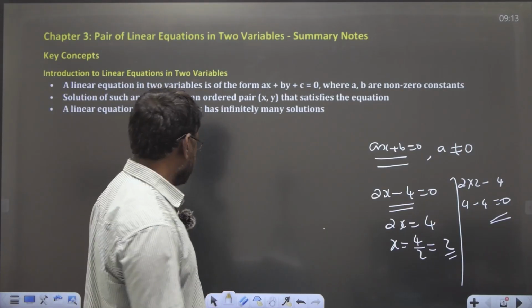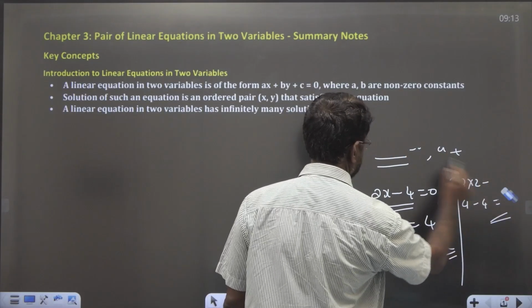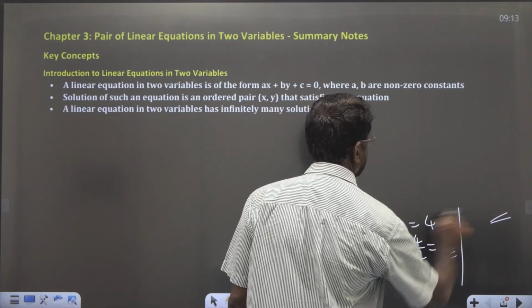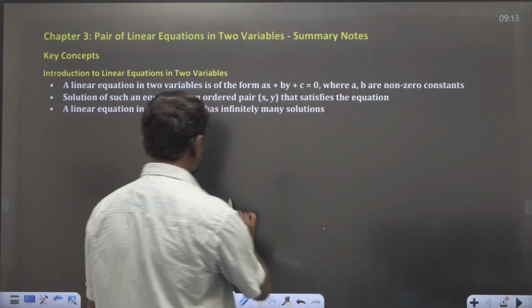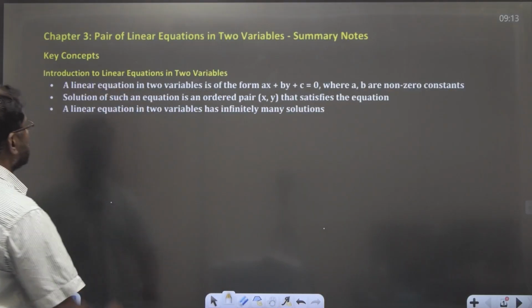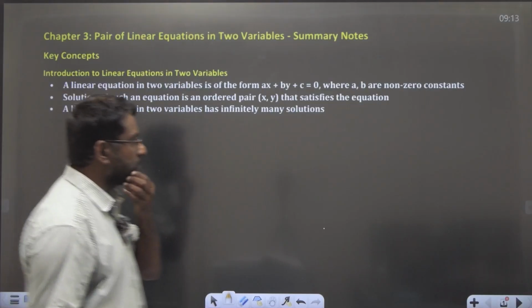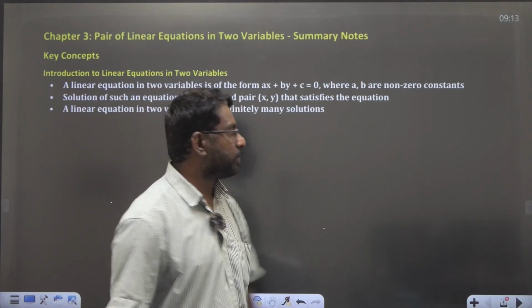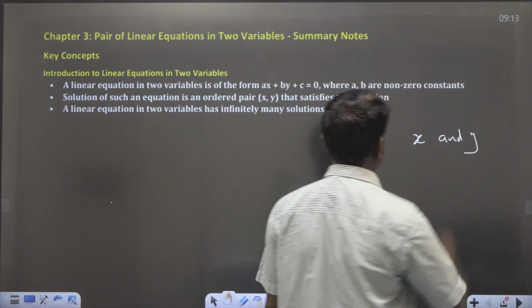Okay. In this chapter, we are going to discuss linear equations in two variables. Two variables means here you can see two variables x and y.